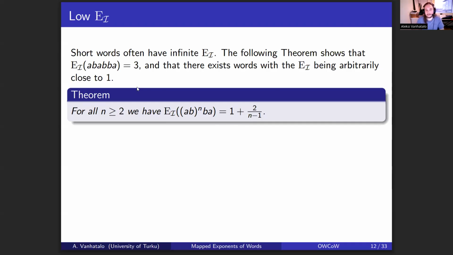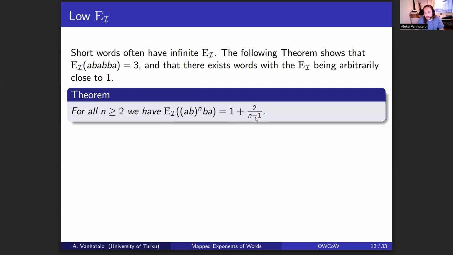But then on length 6, you have some words that have finite value, and one of them is this, ABABBA. It has a value of 3, and it's part of this set of words for which we can compute the exact value of the mapped fractional exponent. So if we have AB repeated n times, at least twice, and then BA, then its mapped fractional exponent is 1 plus 2 divided by n minus 1.